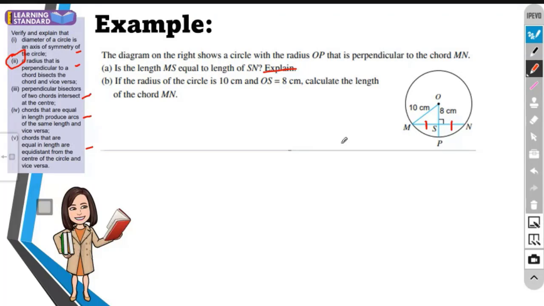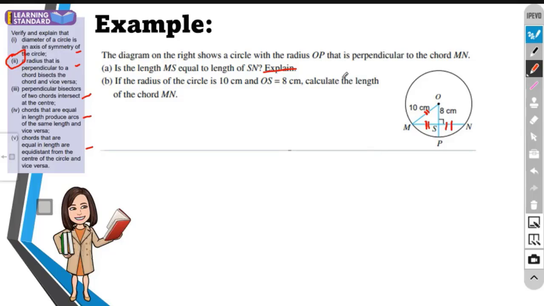But is this actually equal length, equidistant from the center of the circle? Number 5 refers to this one. For this one, actually, it refers to the second one. A radius that is perpendicular, this one perpendicular, and bisects the chord. Bisect. So this one is the same.